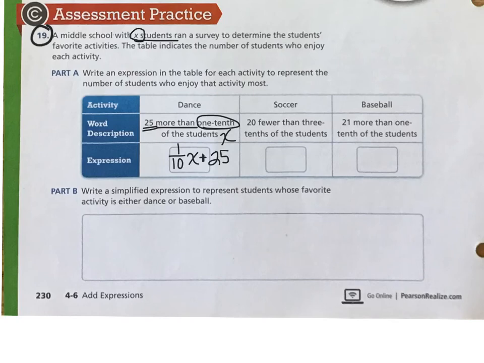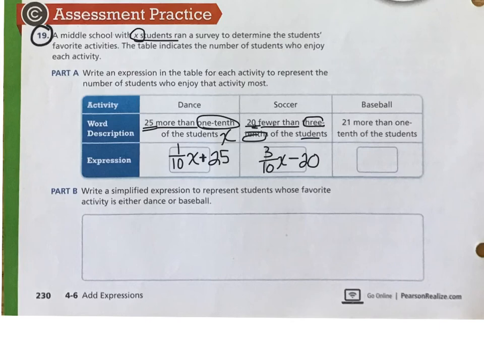For soccer, I need 20 fewer than 3/10 of those students. And those students, again, are X. 3/10 means the fraction 3/10. And 20 fewer than that number means take away 20.